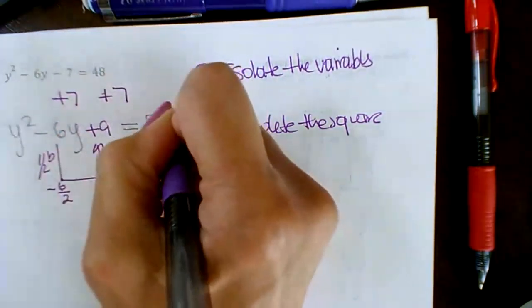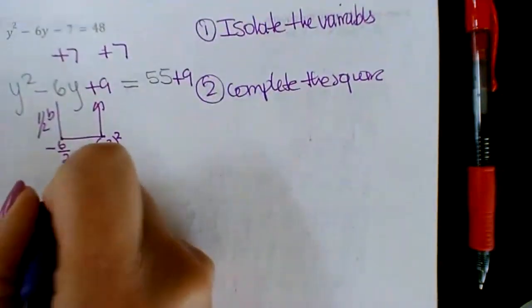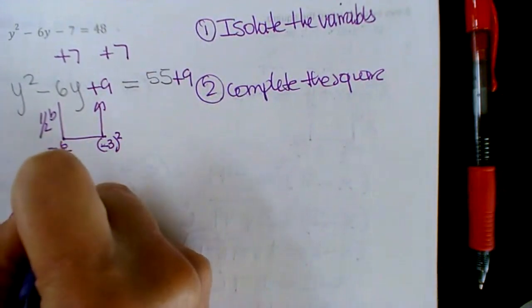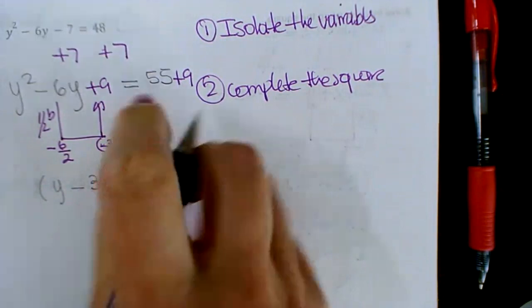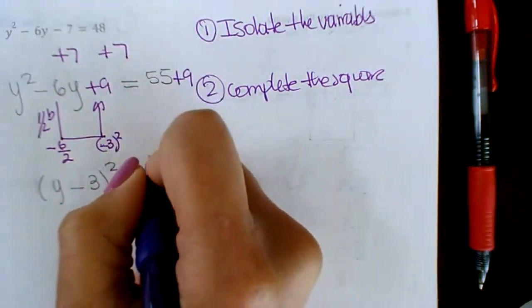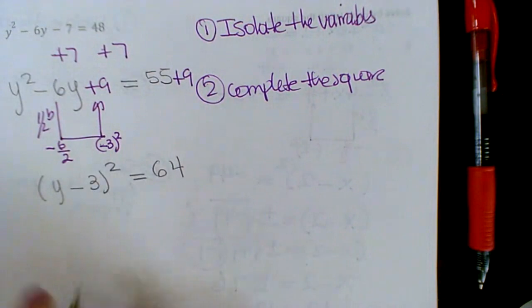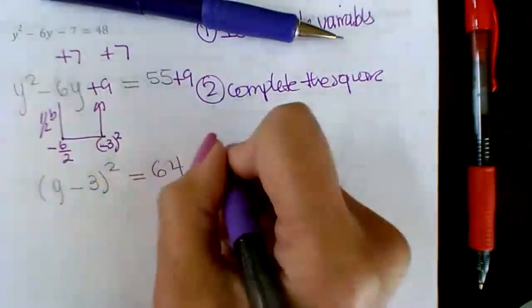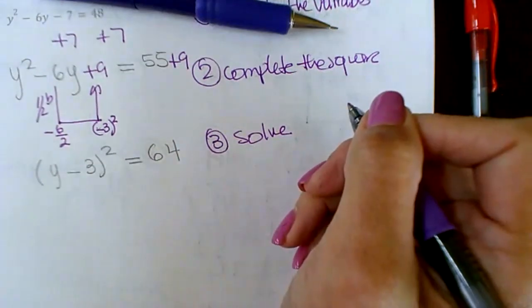That's plus 9 and plus 9. Now it's going to be y minus 3 squared equals 55 plus 9, which is 64. And I need to solve, right?